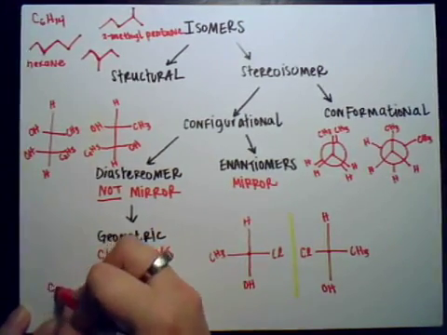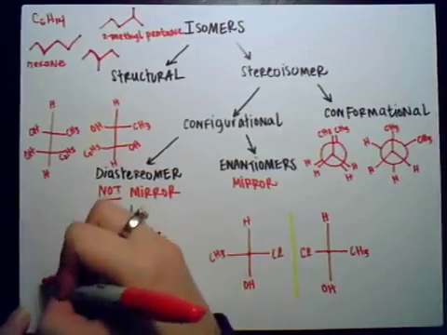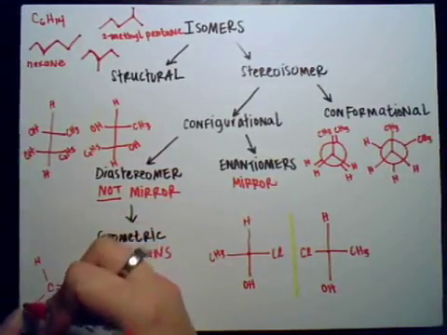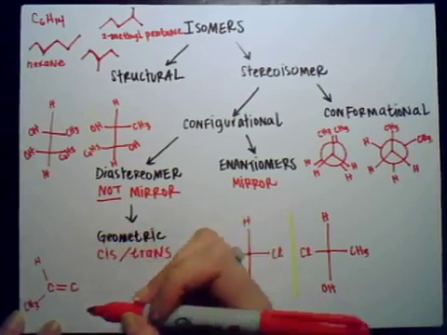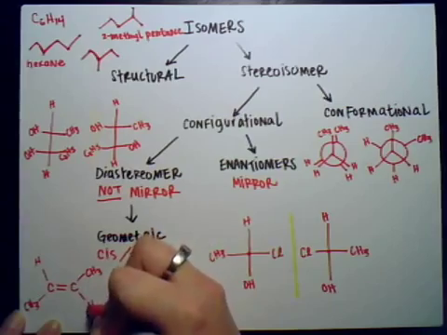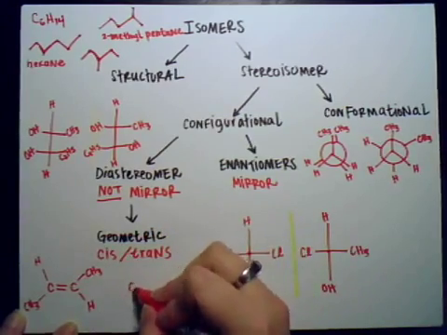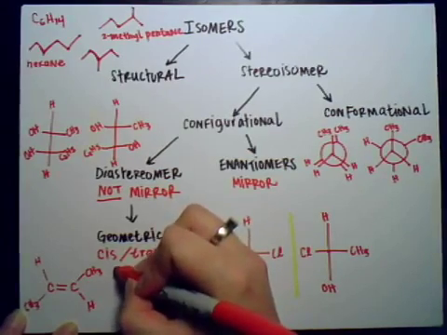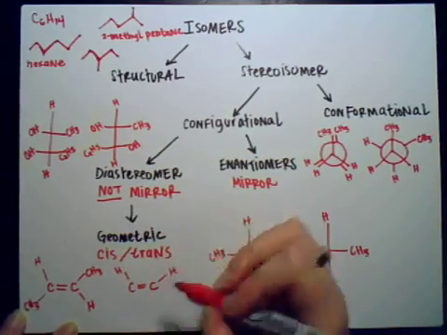So let's say we have a carbon double bonded right there, and let's say we have a hydrogen there, a methyl group there, and another hydrogen here. And then over here I'm going to draw another very similar molecule where we have a hydrogen there, a hydrogen there.